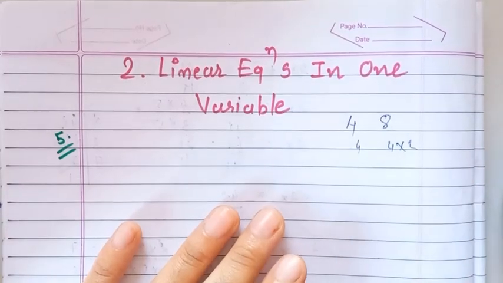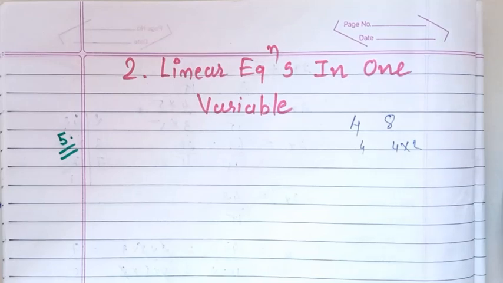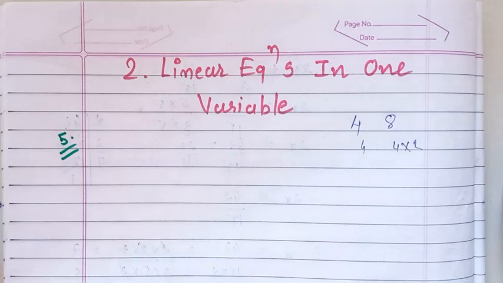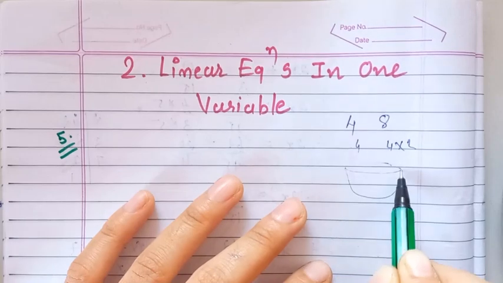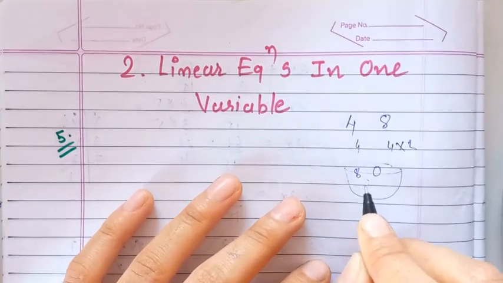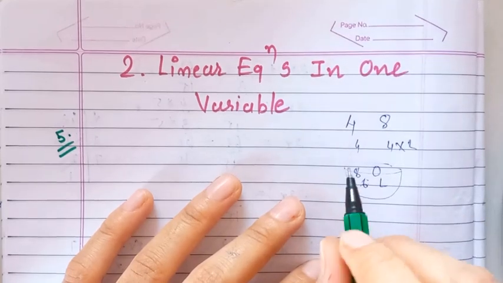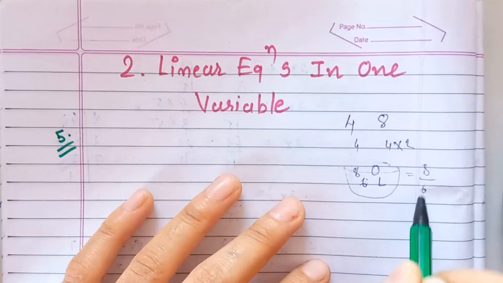It is the ratio. As an example, if there are 8 oranges and 6 lemons in a bowl of fruit, then the ratio of oranges to lemons is 8 to 6. What I said is, if in a bucket there are 8 oranges and 6 lemons, then the ratio of oranges and lemons is 8 by 6.